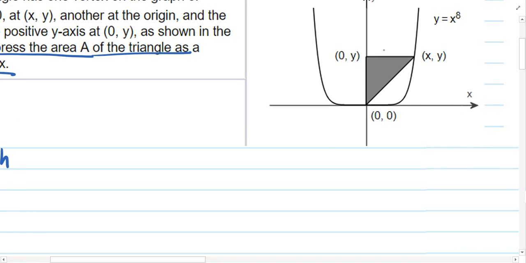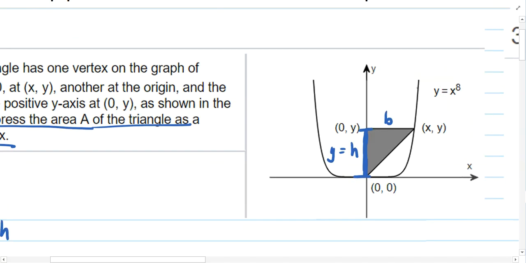Now one thing that I do want to point out here is that the base of this triangle and the height of the triangle are closely related to x and y. In fact, the height of this triangle, the measurement from the origin where the triangle begins to its highest point, is simply equal to the y component.